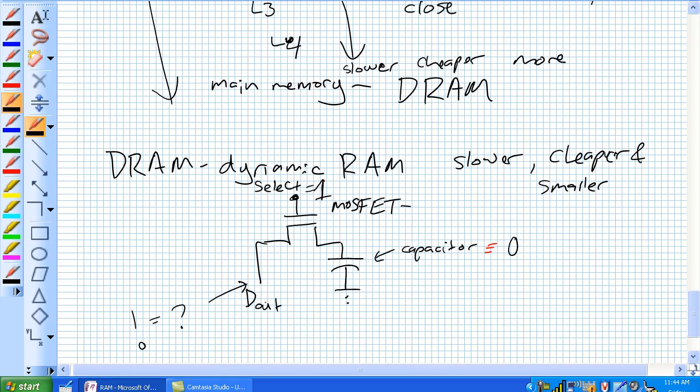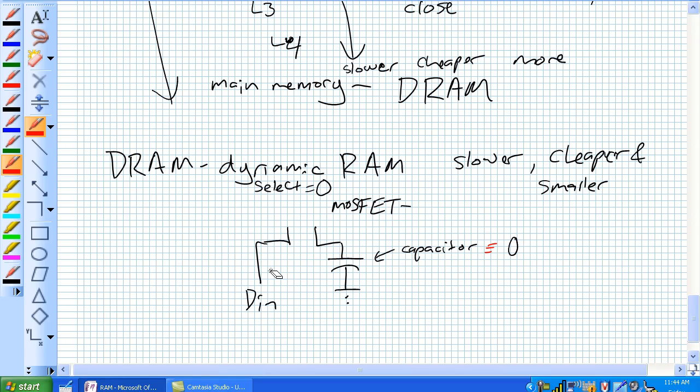We've got to go ahead and select it and then read our 0 at our D out. Key thing for both of them, writing and reading, that selection. If it's not selected, there's no path between there. So you're not writing or reading anything. So if you try to put a 1 in there, not going to work. Okay?